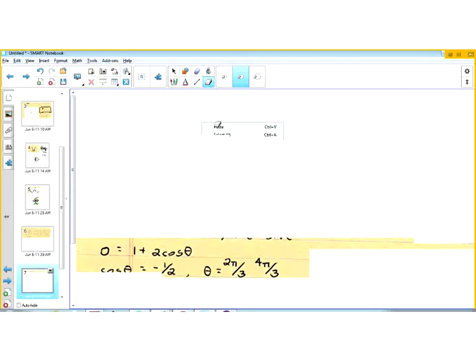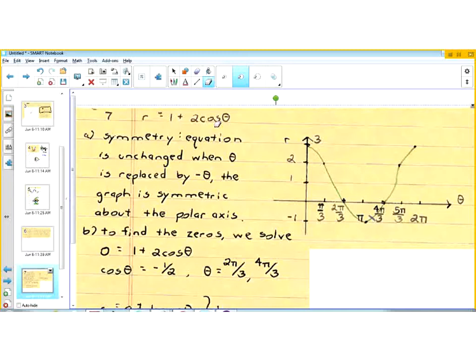So let me paste that in to the smartboard interface.